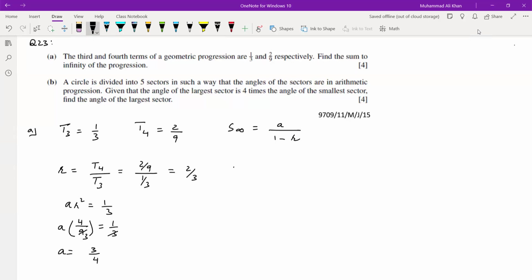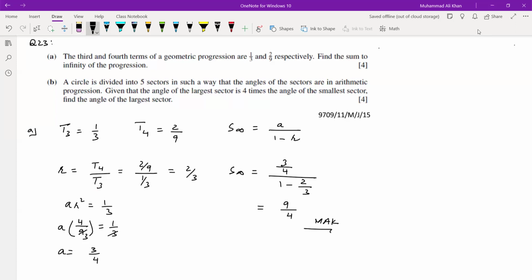Therefore, sum up to infinity: A is 3/4, 1 minus R is 1/3. What is the final answer of sum up to infinity? 9/4 is the final answer for sum up to infinity. Clear? Any confusion?